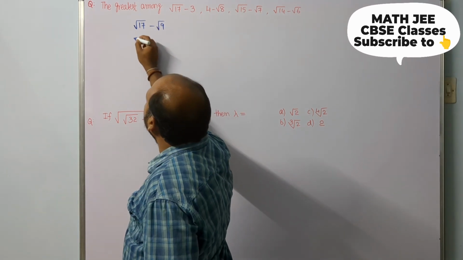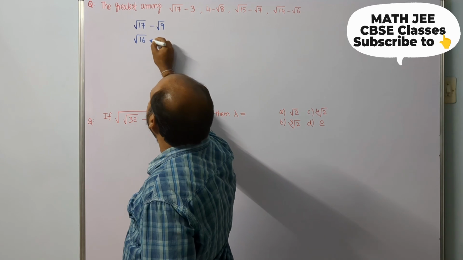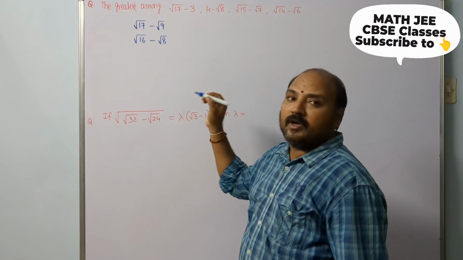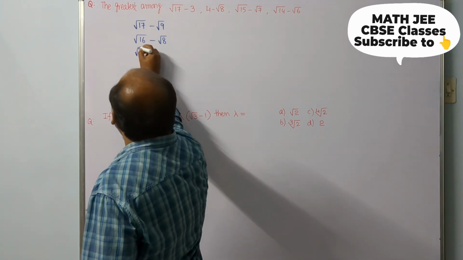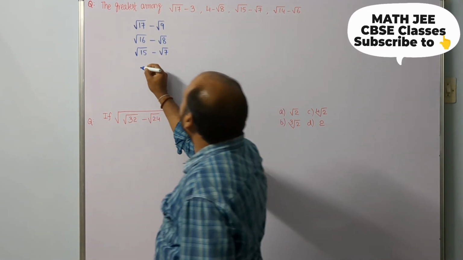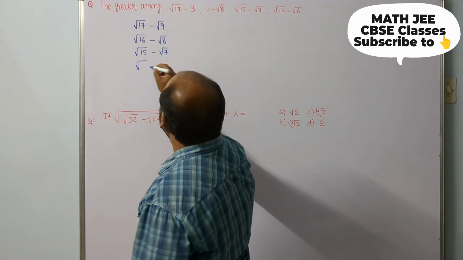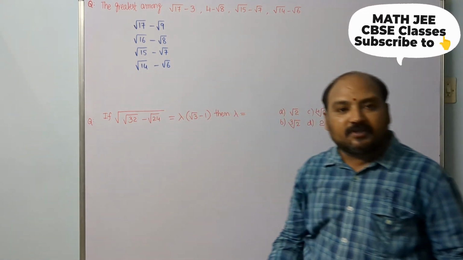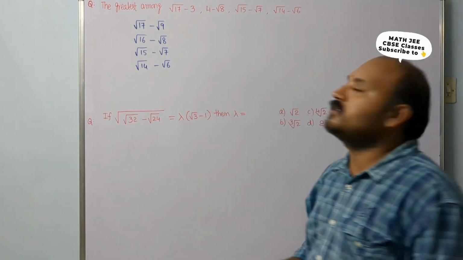Next, 4 can be written as root 16 minus root 8. Third one, root 15 minus root 7. Fourth one, root 14 minus root 6. So first you have to write like this, dear students.